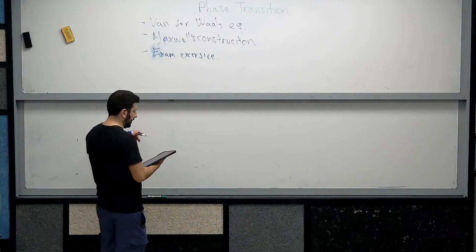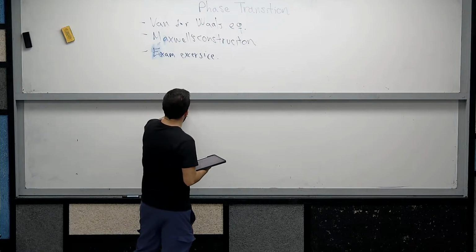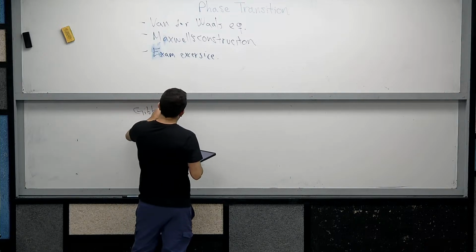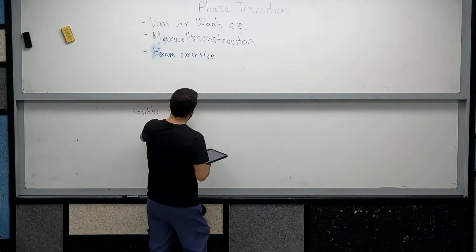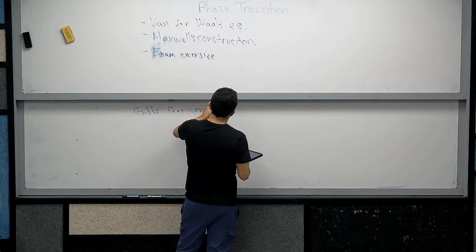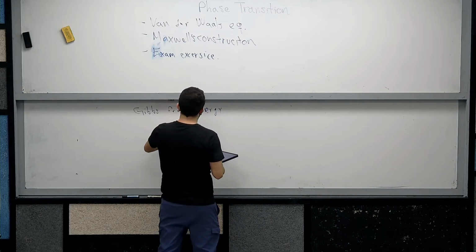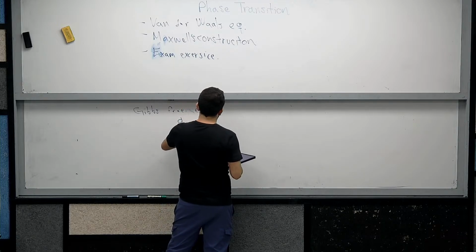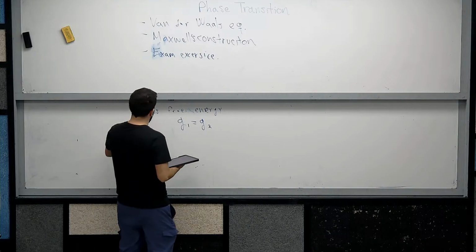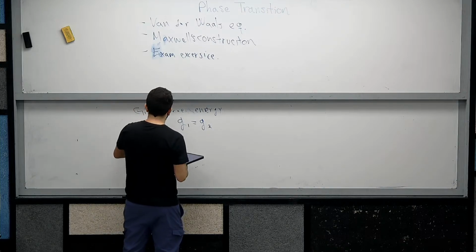And the way to characterize them is that the free energy per particle is the same in both sides of the phase transition. Okay, and also the chemical potential is the same in both sides.